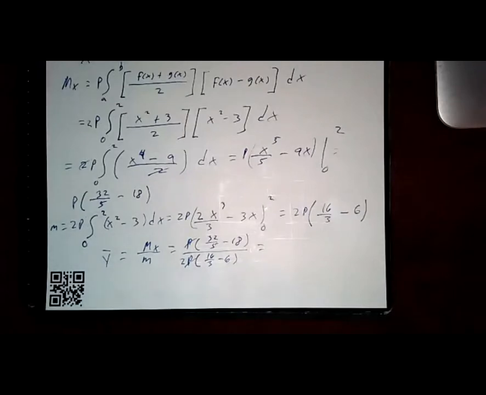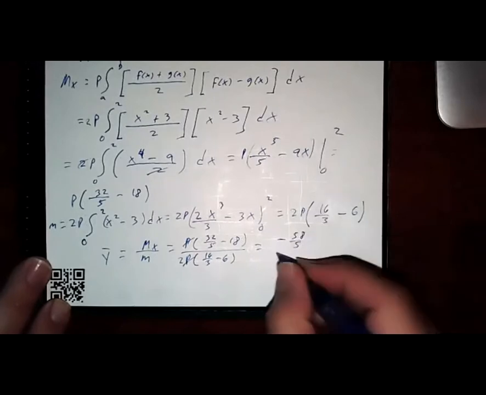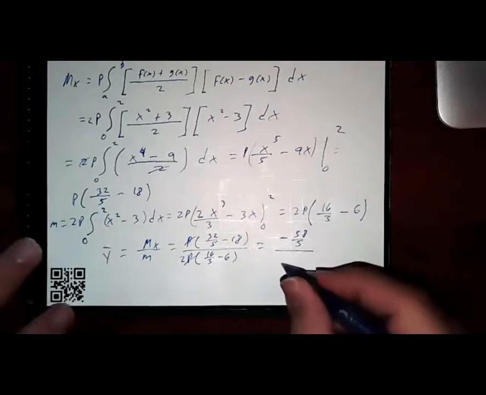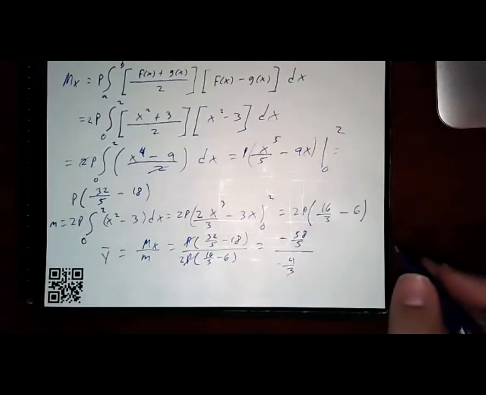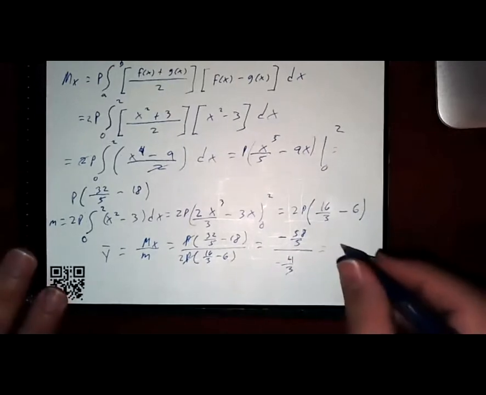All right. It's negative 58 over 5 divided by negative 4/3. And it gives me 87 tenths.